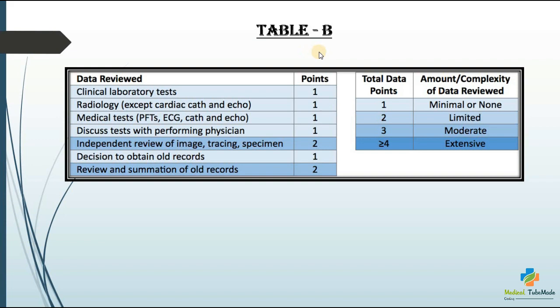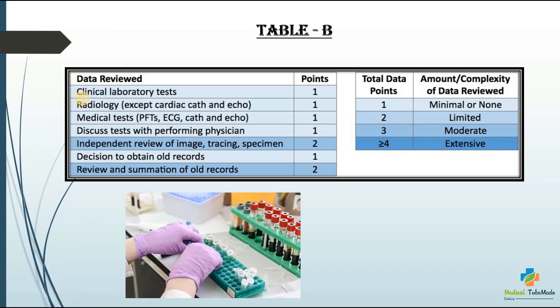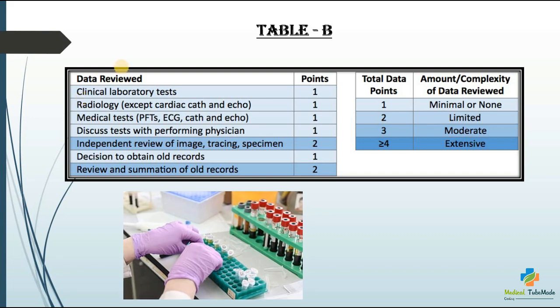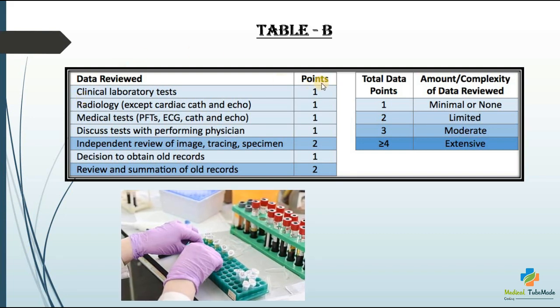So guys, this is table B, amount or complexity of data review, means it's a data point. So this is the data, and these are the points. Okay, so the first one is clinical laboratory test. Any lab review or order, we can consider 1 point.